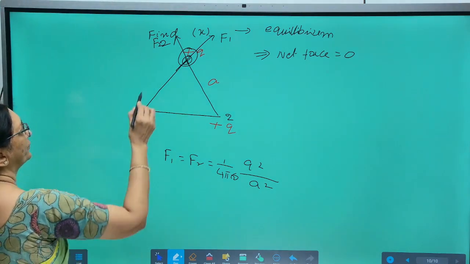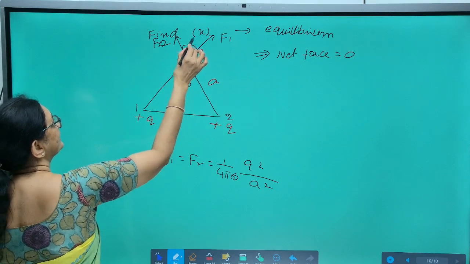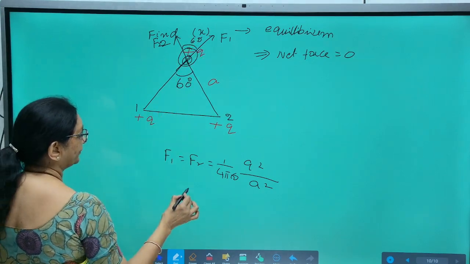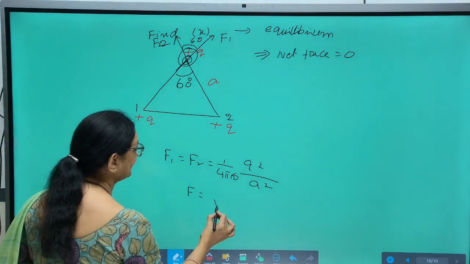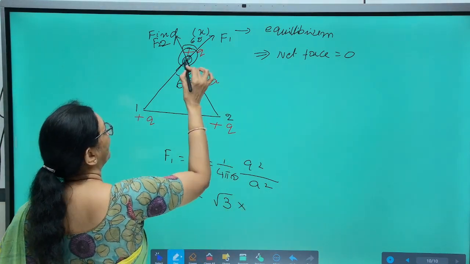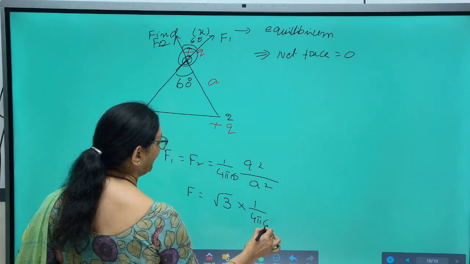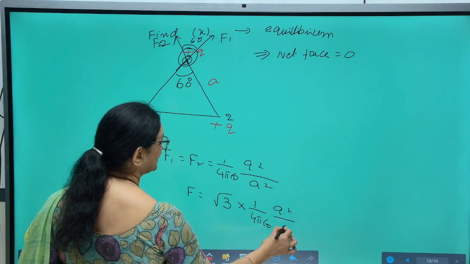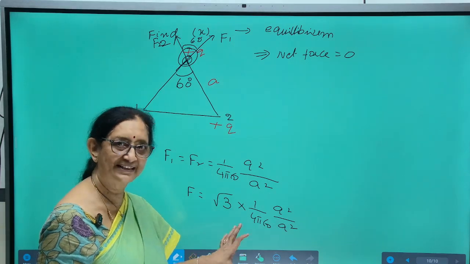Those two equal forces are at an angle 60 degrees. When two equal forces are at an angle 60, the resultant is root 3 P. So, the resultant force acting on that is root 3 times 1 by 4 pi epsilon naught q square by a square. Till then it is clear.